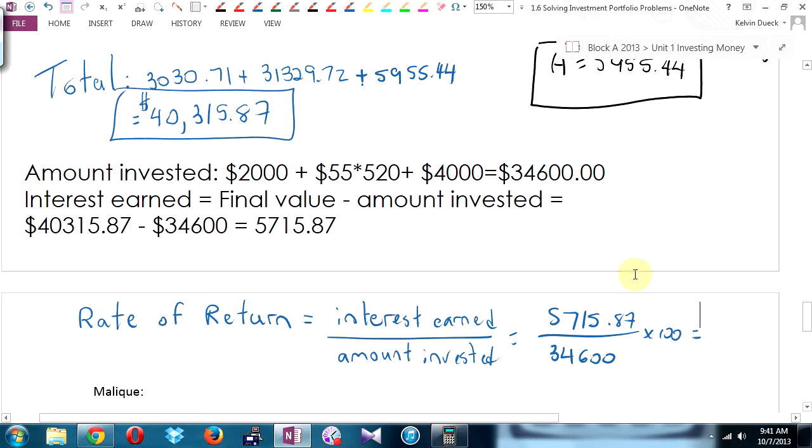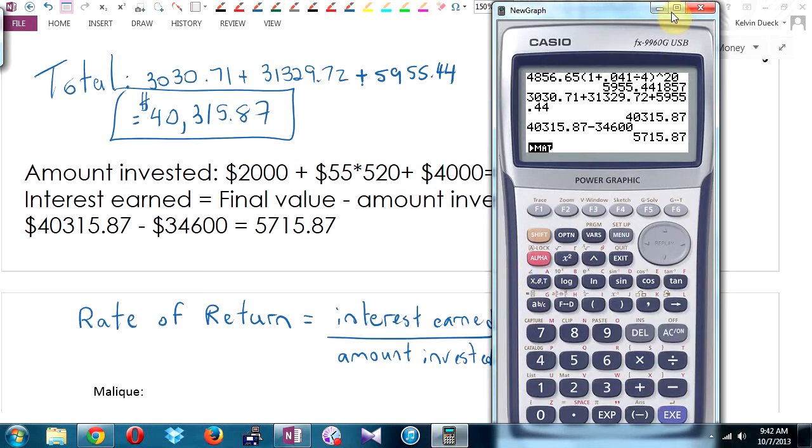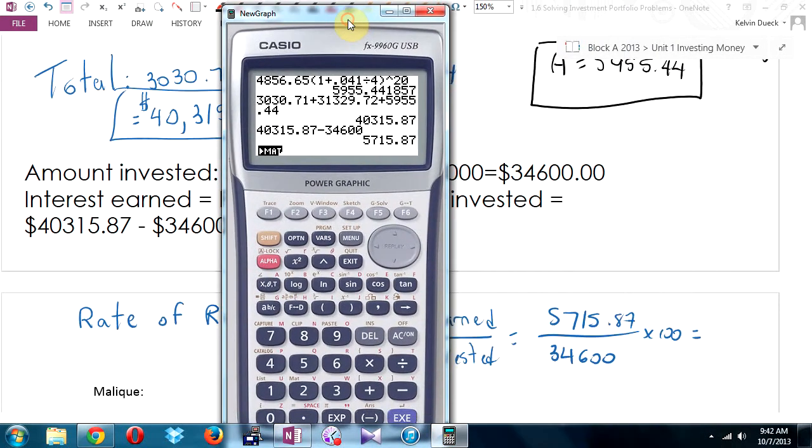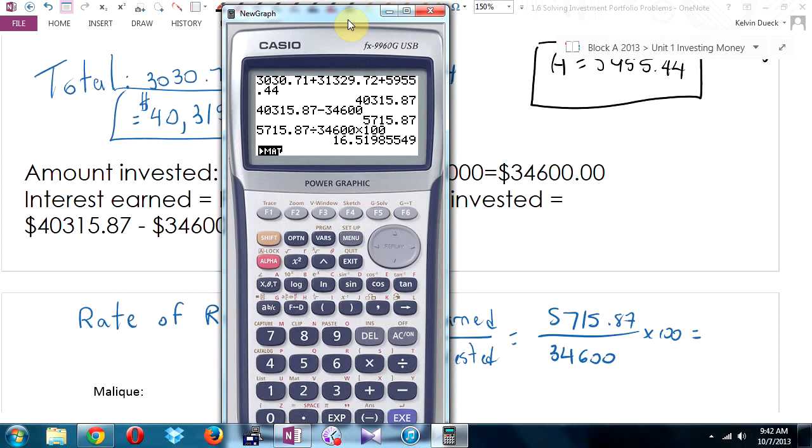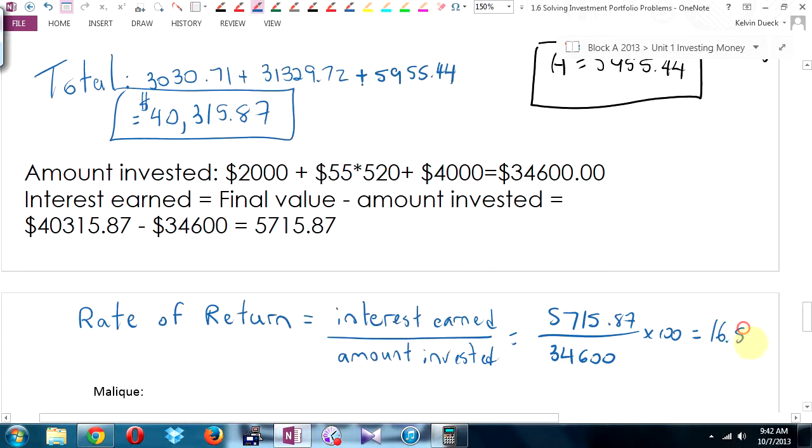This is the rate of return. Holy smokes, that's a lot of work, I know. 5715.87 divided by 34,600 times 100. He's getting a 16.5% rate of return on his investment.